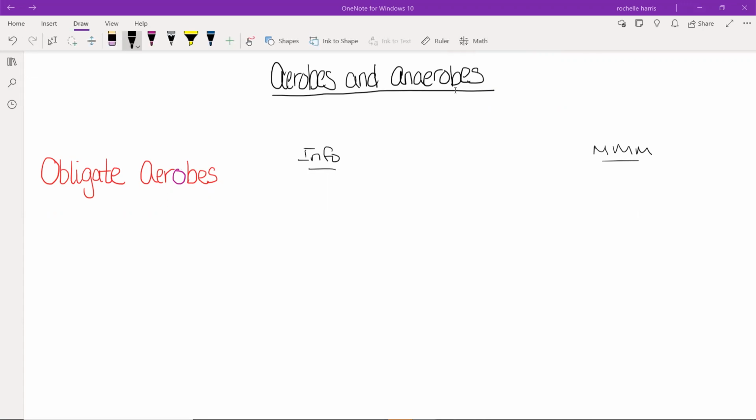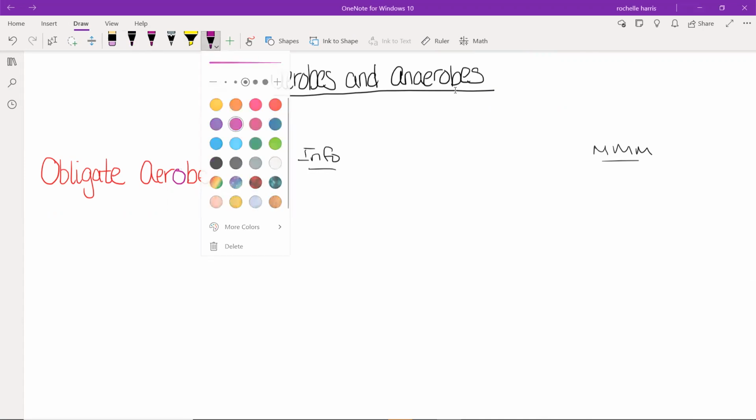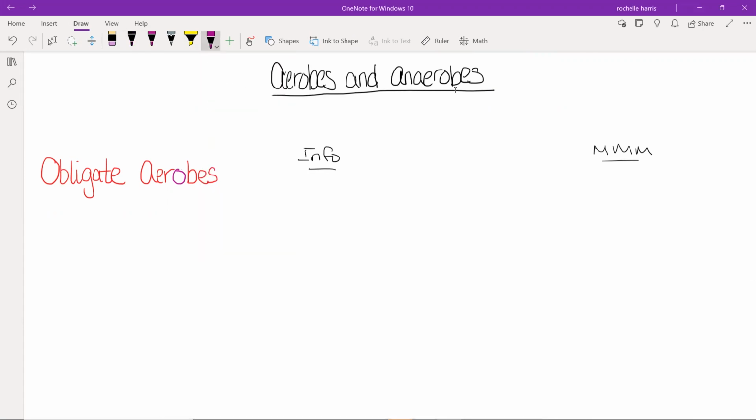So let's get started. Here we have obligate aerobes. Here I'm going to give you some info. One, they require oxygen for growth.